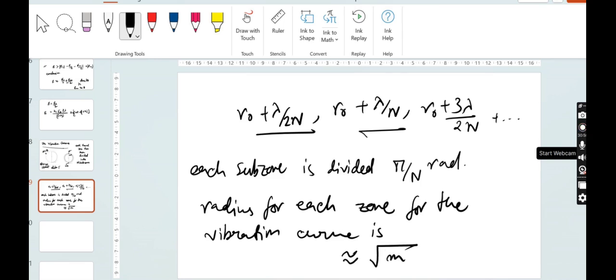So the radius of the 100th zone will be 10 times that of the first zone in the Fresnel zone.